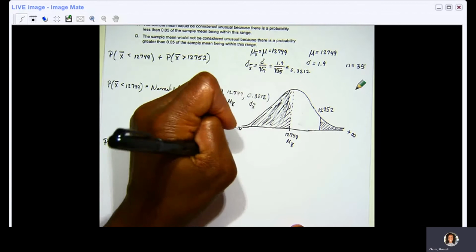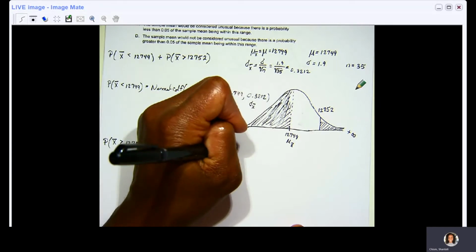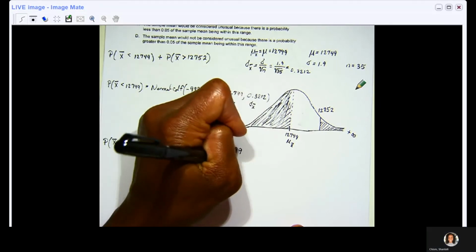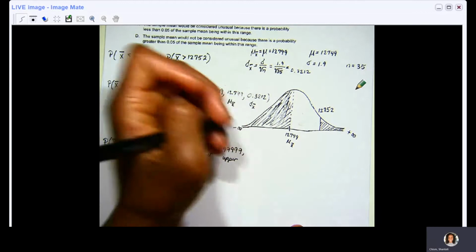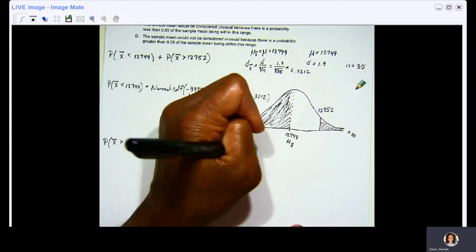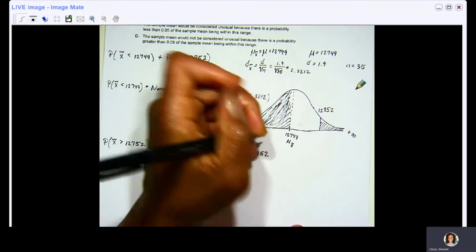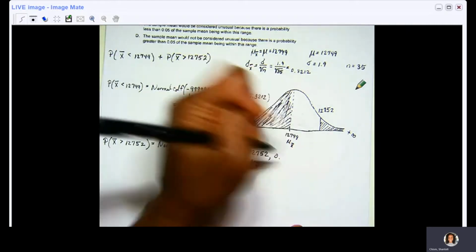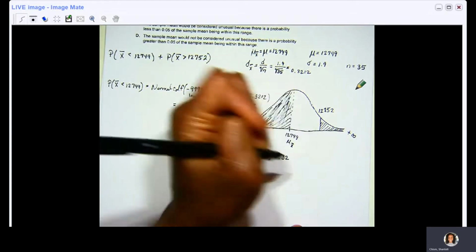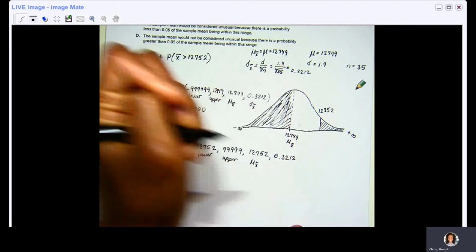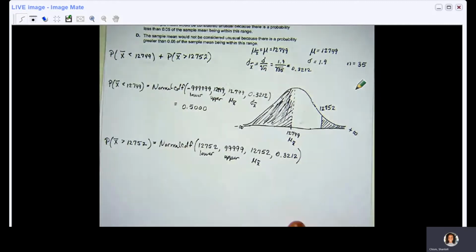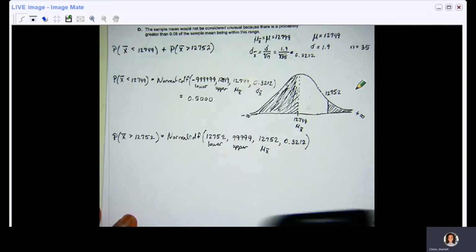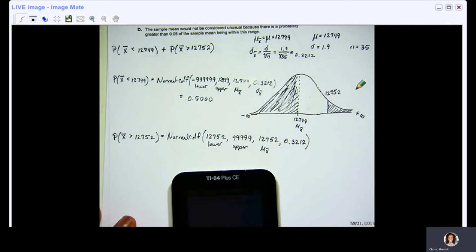The upper bound is positive infinity. The mean is 12,749, mu sub x, and the deviation is 0.3212. Okay, so we'll put that all in our calculator.